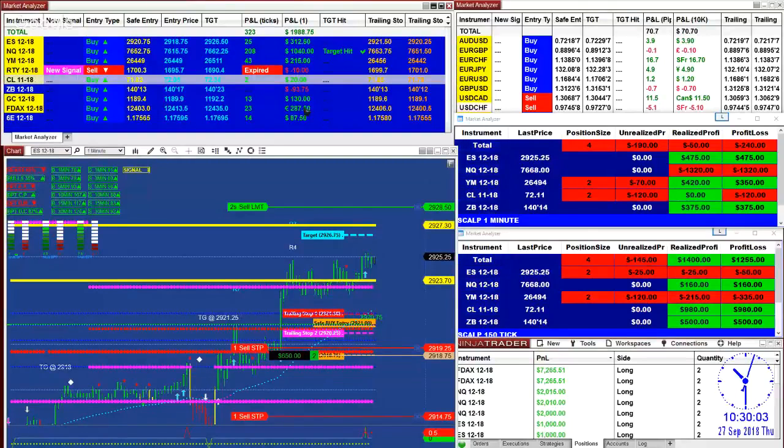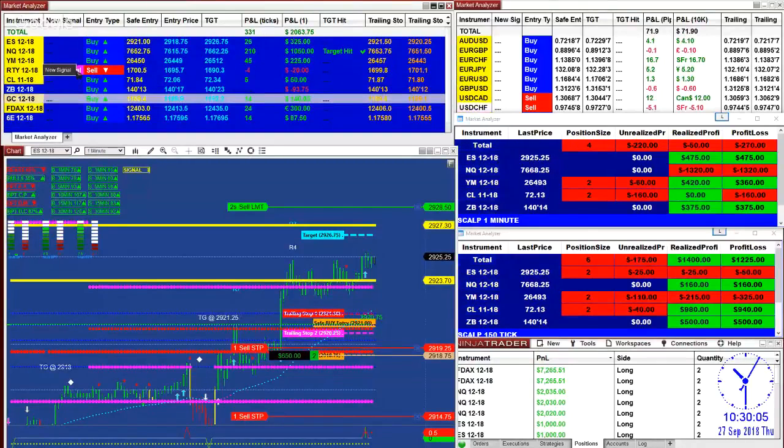We have a new signal on the Russell. Sell? Okay. Sell entry on the Russell is 6957. Target is 6898. I'm not a Russell trader. Before I was, but I have not touched the Russell in the last 3 years.